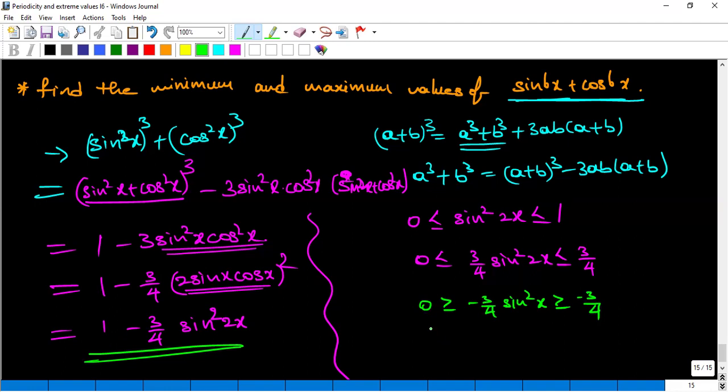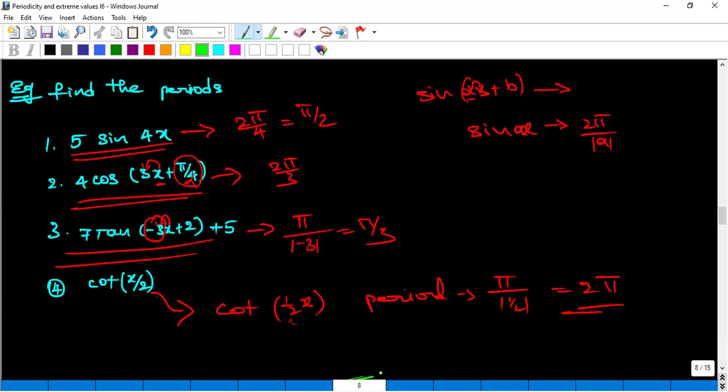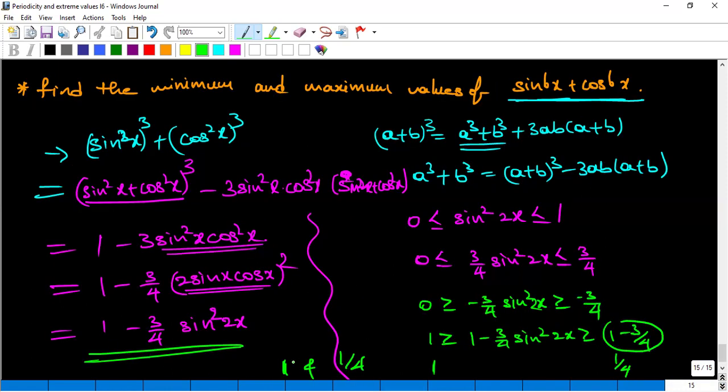If I add 1 to all of these, we get 1 is greater than or equal to 1 minus 3 by 4 sin square 2x, which is greater than or equal to 1 minus 3 by 4. So 4 minus 3 is 1 by 4. For this particular function, the least value is 1 by 4 and the highest value is 1. Minimum value is 1 by 4 and the maximum value is 1.